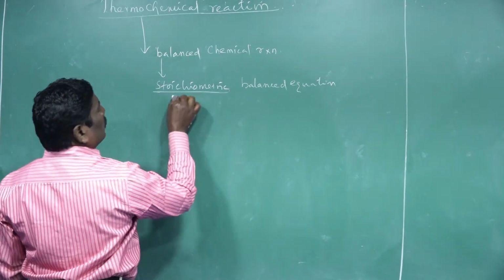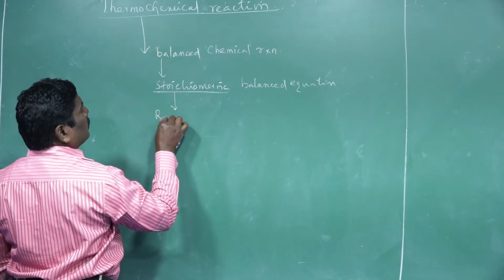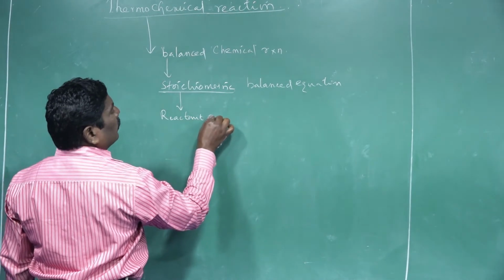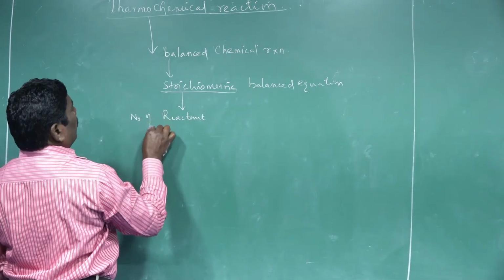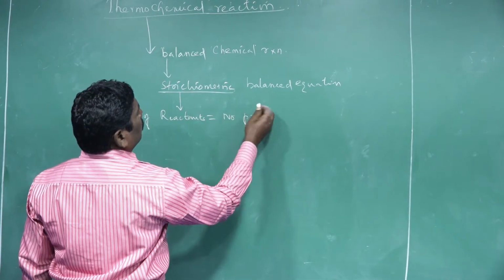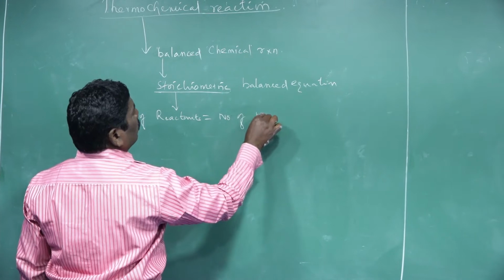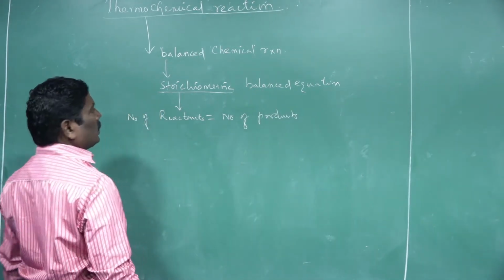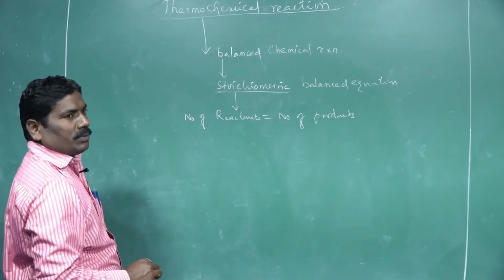Stoichiometric balancing means you have to maintain the number of atoms of the reactants equal to the number of atoms of the products. That is a stoichiometric balanced equation.